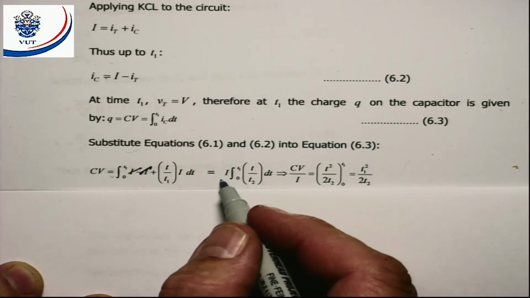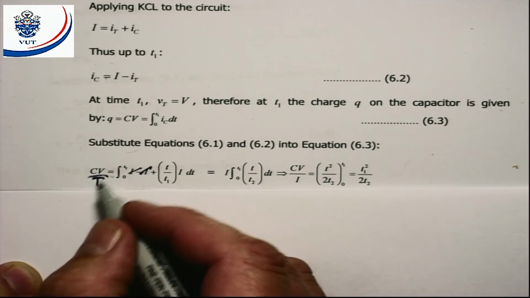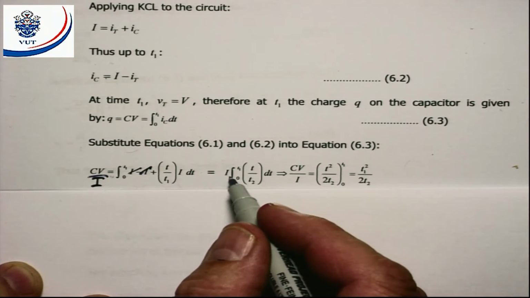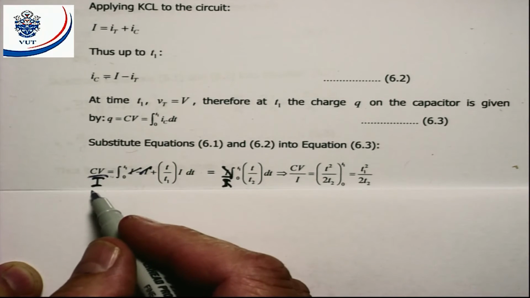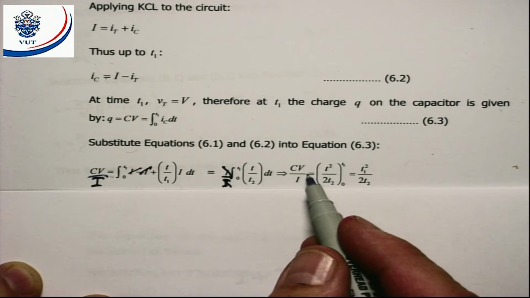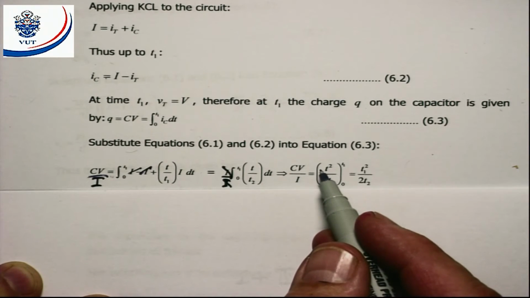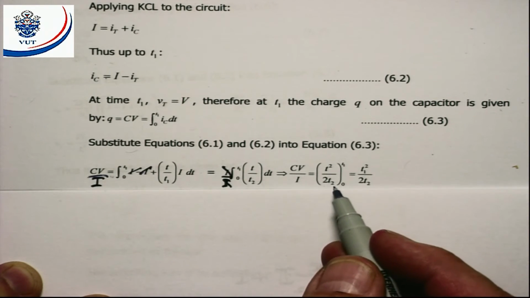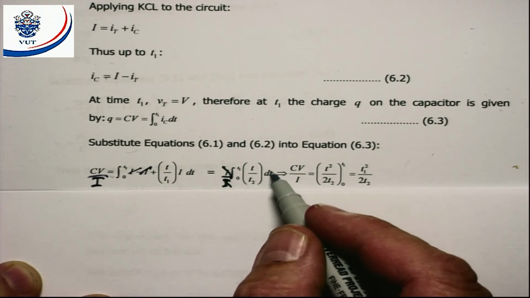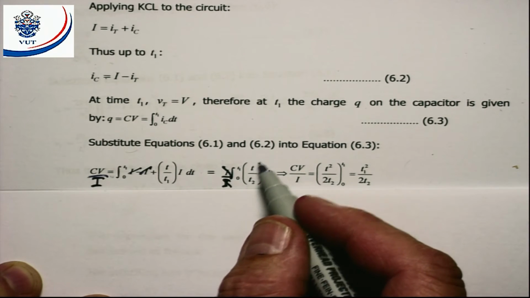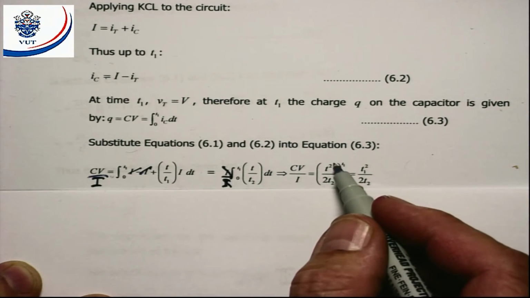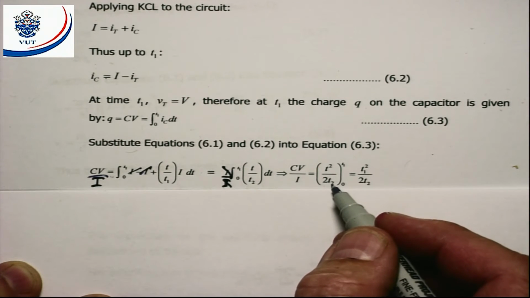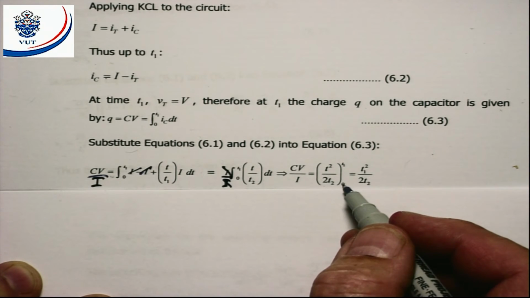If we divide both sides by I, then we cancel it here and we have CV over I. CV over I is equal to T squared over 2T2, because the integral of T is T squared over 2, between the limits of 0 and T1.